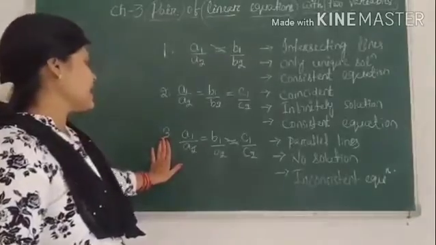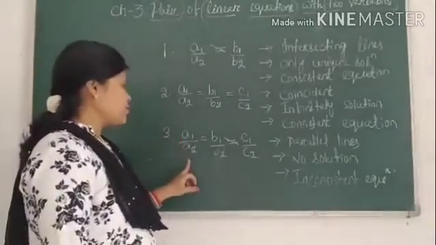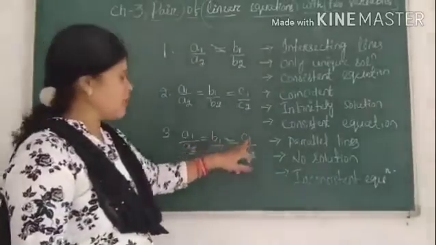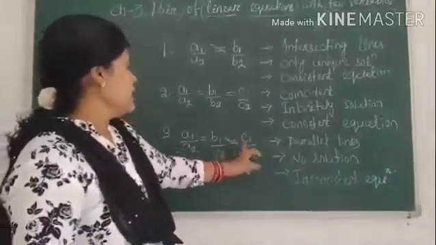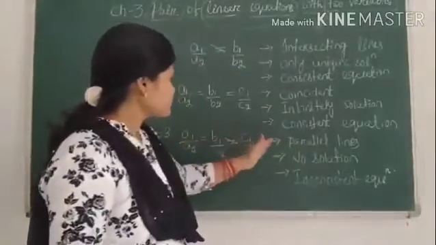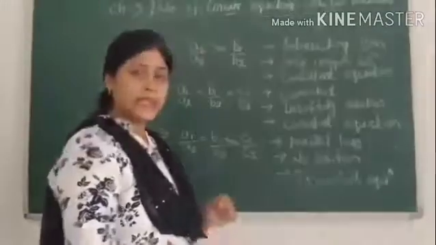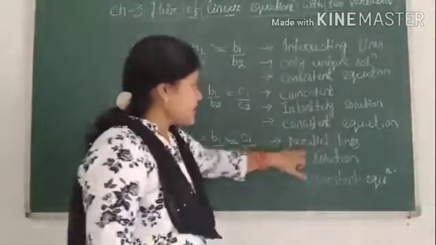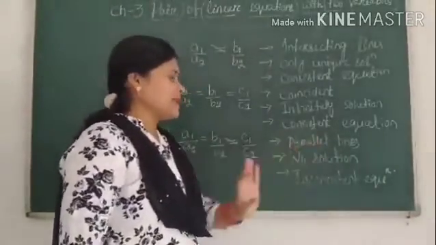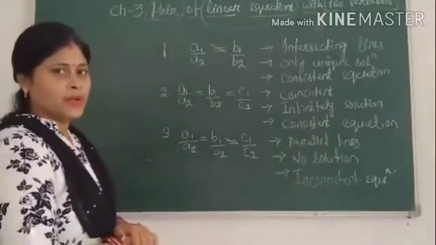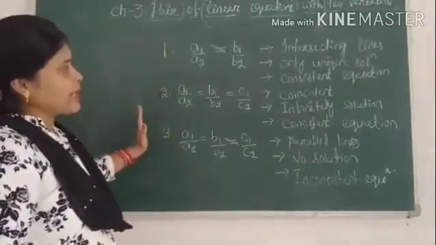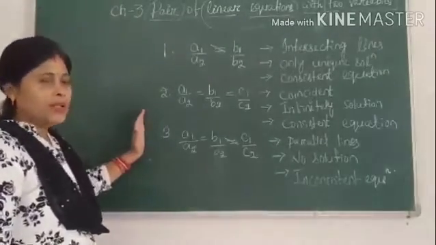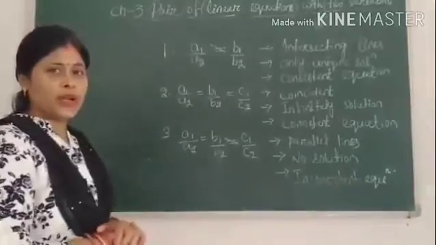The third condition is A1 by A2 should be equal to B1 by B2, should not be equal to C1 by C2, and this type of equations are known as inconsistent equations, and we observe these are parallel lines. Parallel lines mean no solution is possible. This is very important and easy also. You have to note it down and practice more and more.